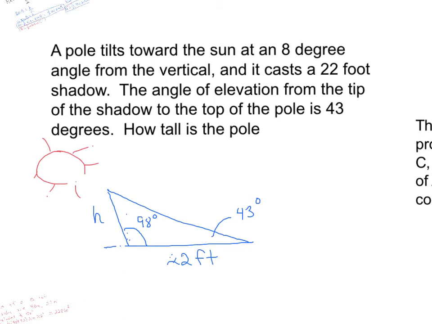The first thing that we need to do is figure out what is that angle right there. And we know that that angle is 180 degrees minus 43 degrees plus 98 degrees, which is 180 degrees minus 141, which is 39 degrees.